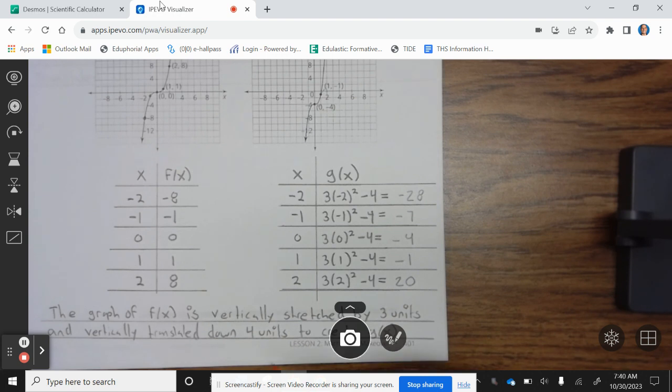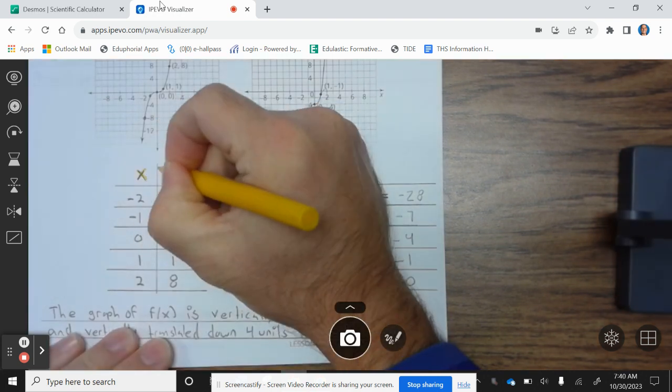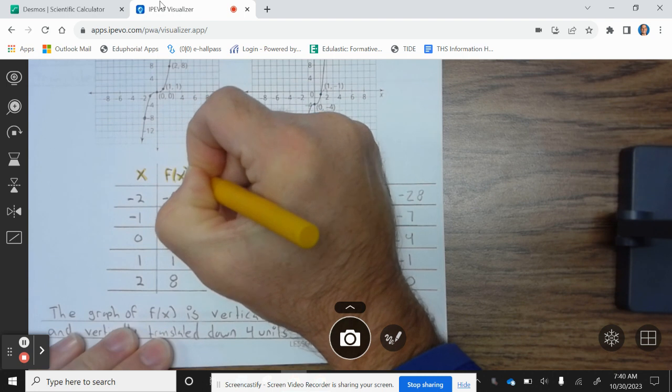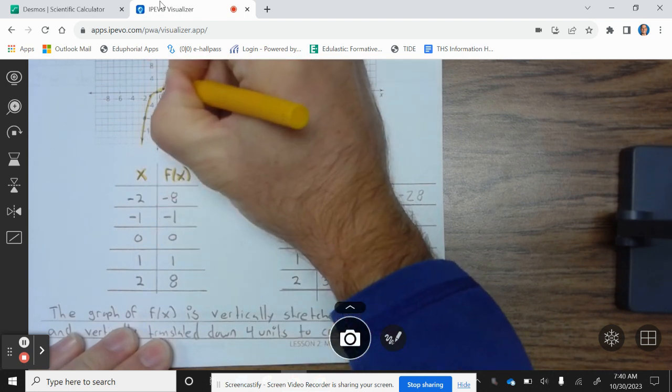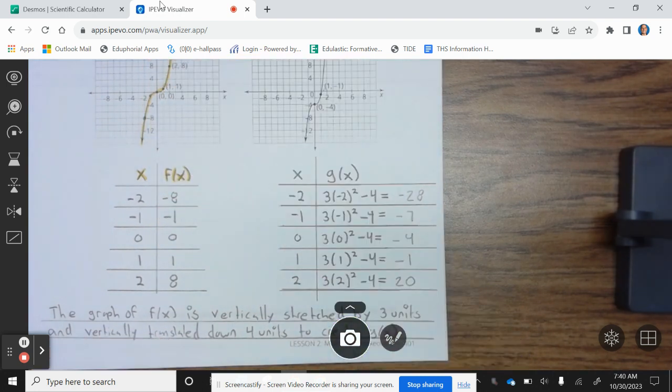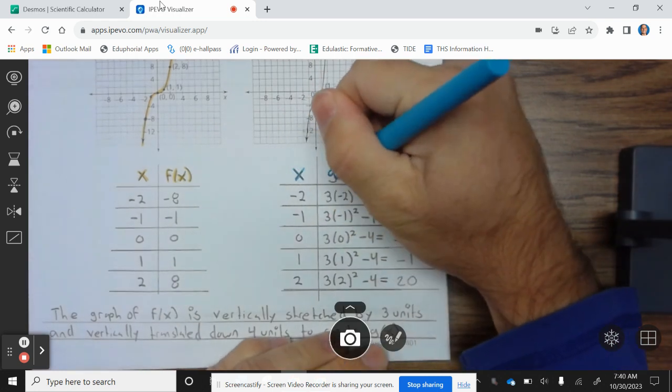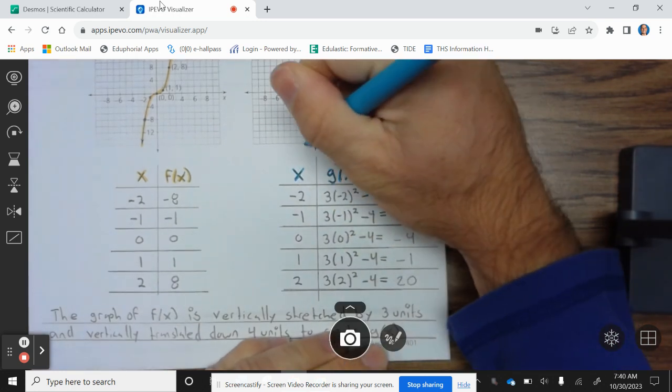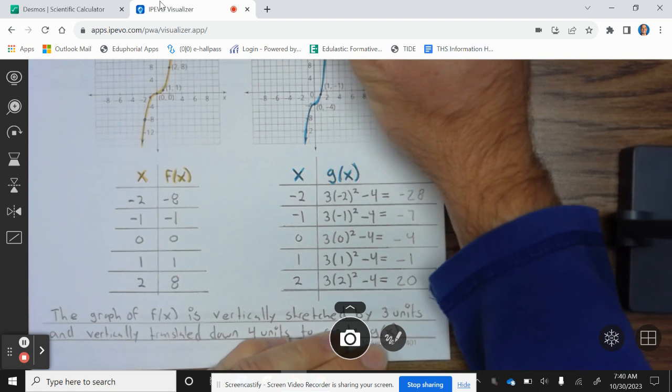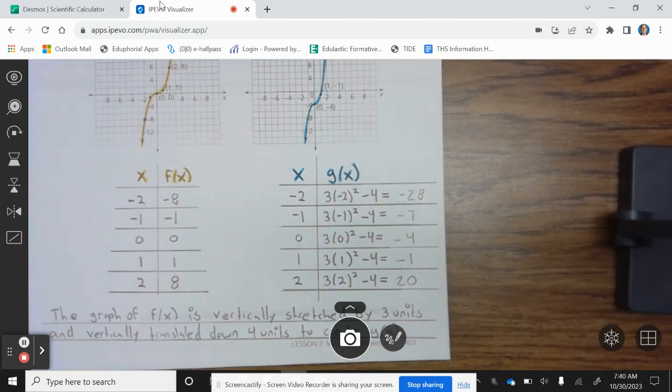And just to help you a little bit, f of x is this graph right here, and g of x is this graph right here. All right, go ahead and complete the table.